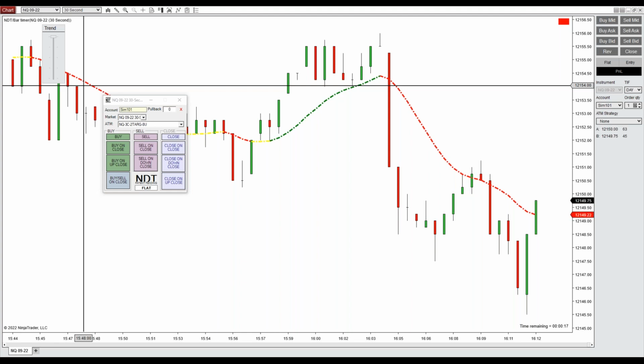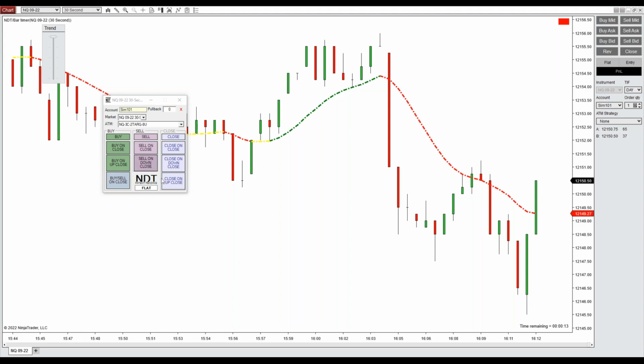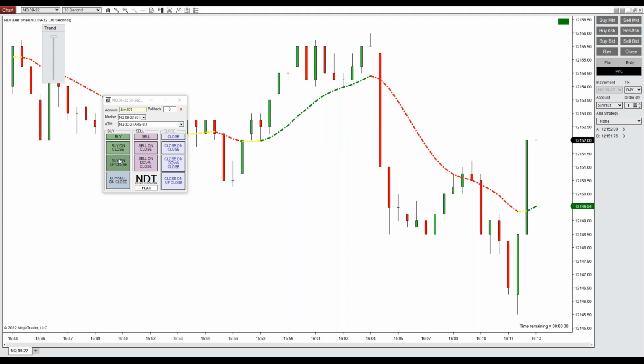Now we don't want to take a long trade here. Next candle we do. Almost there. Now we're going to buy an up close.